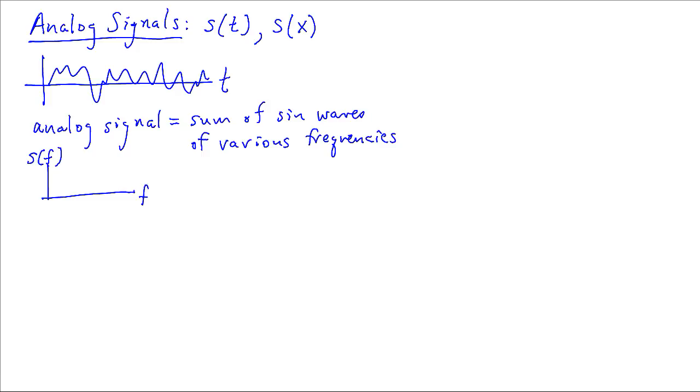And so, for example, if we have only one frequency in our analog signal, where this really would be just a simple up and down sine wave, we'd have just one frequency, just a spike, say at frequency f0 in our signal as a function of frequency. This is called the spectral representation of the signal.